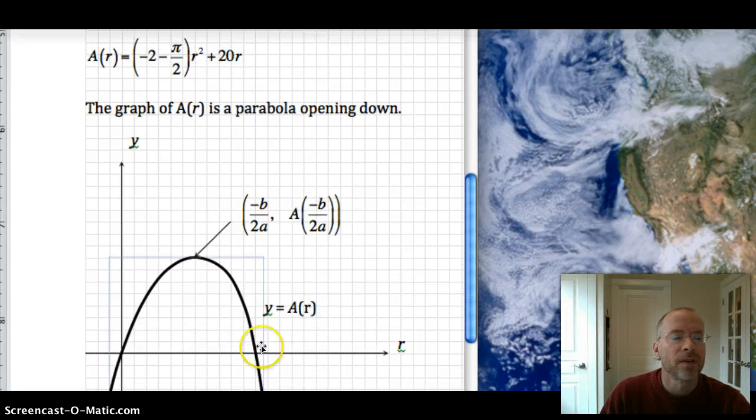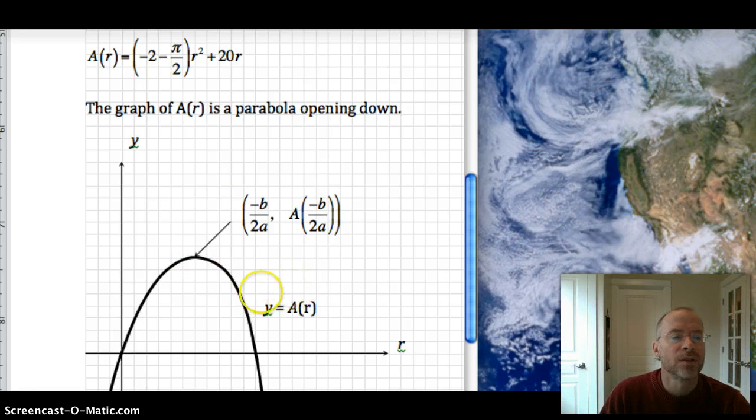If I've got the r-axis here and this is the A of r axis, this is going to come up. It's not too hard to see that there'll be an intercept at 0, 0. It's a parabola opening down, and of course the vertex is up here at the opposite of b over 2a, and then A of whatever that is would be the vertex point.